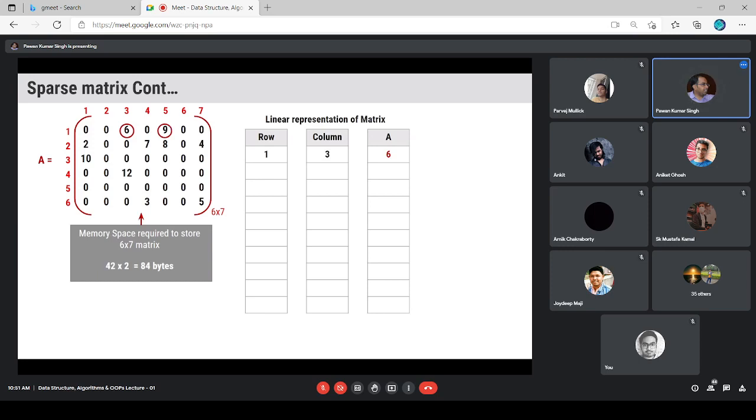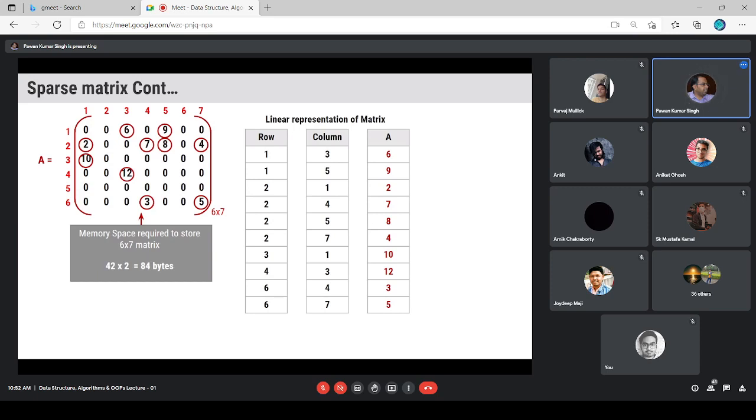Similarly, row number 1, column number 3, value 6; row number 2, column number 4, value 7; row number 2, column number 5, value 8; row number 2, column number 7, value is 4; row number 3, column number 1, value 10; row number 4, column number 3, value will be 12; row number 6, column number 4, value will be 3; row number 6, column number 7, value will be 5.